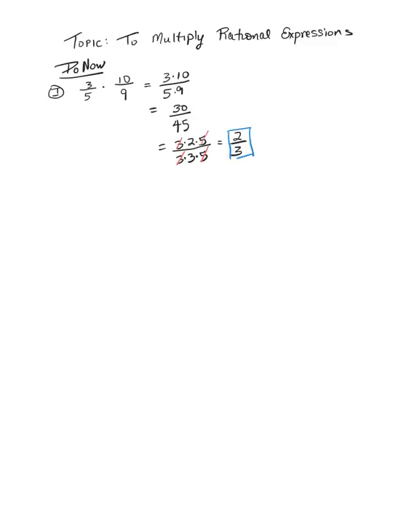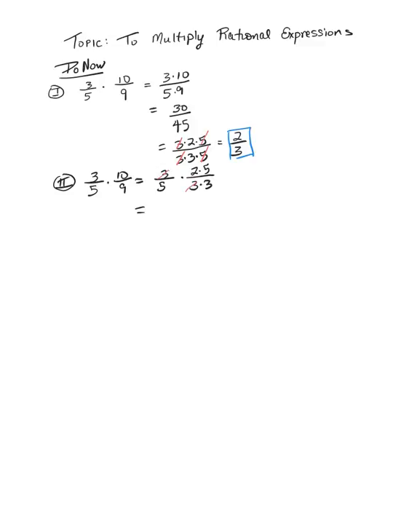Another way is to completely factor from the beginning. So we'll write this as 2 times 5 over 3 times 3, and then divide through the common factors that appear in both the numerator and denominator.